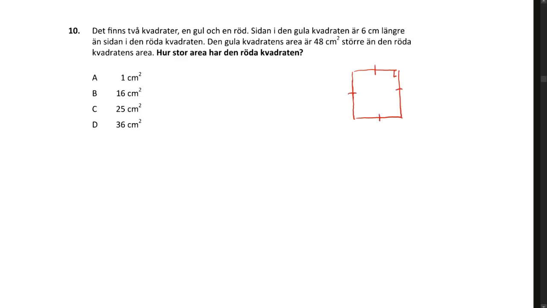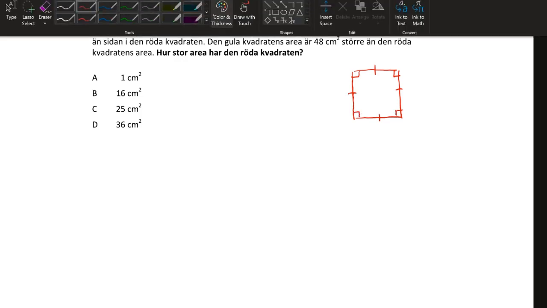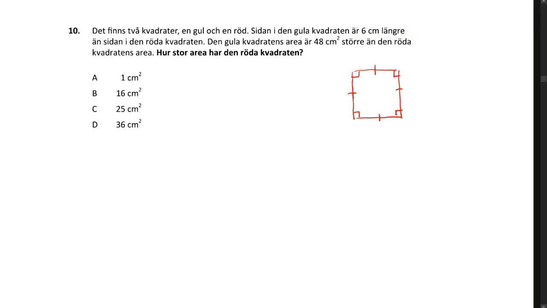So a square has all 4 even sides. And we'll draw our yellow square here. Here's our yellow square. So these lines just mean every side is the same.